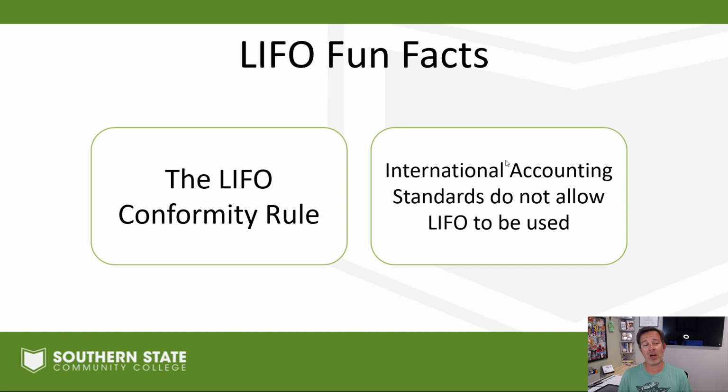And so we have what we call a LIFO conformity rule. If you adopt it for tax purposes, you have to adopt it for financial statement purposes. All right, you can't have your cake and eat it too. If you're reporting LIFO to avoid paying high tax amounts, then you have to show your financial statements that way. You can't show your financial statements on FIFO and pay taxes with LIFO. All right, there's a conformity rule. Got to do it the same both ways.